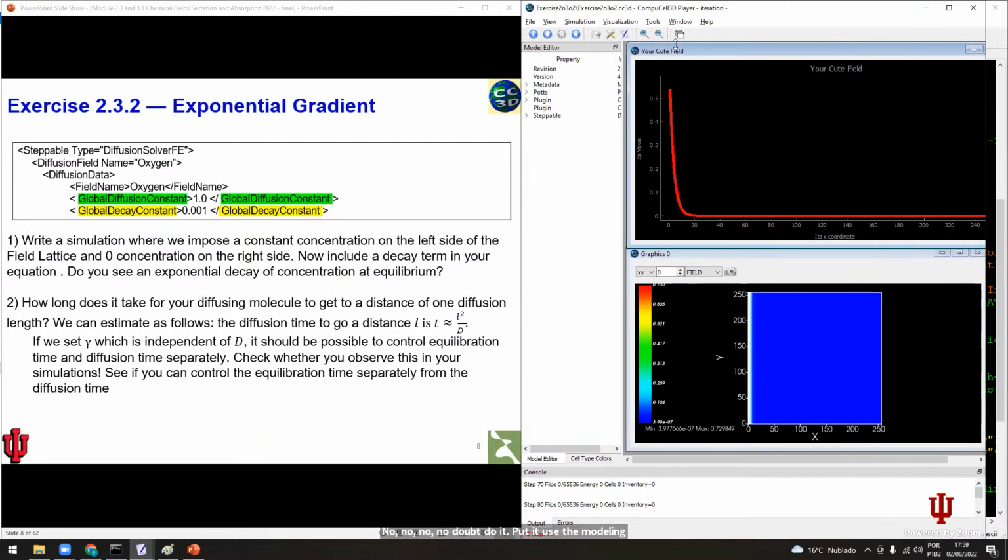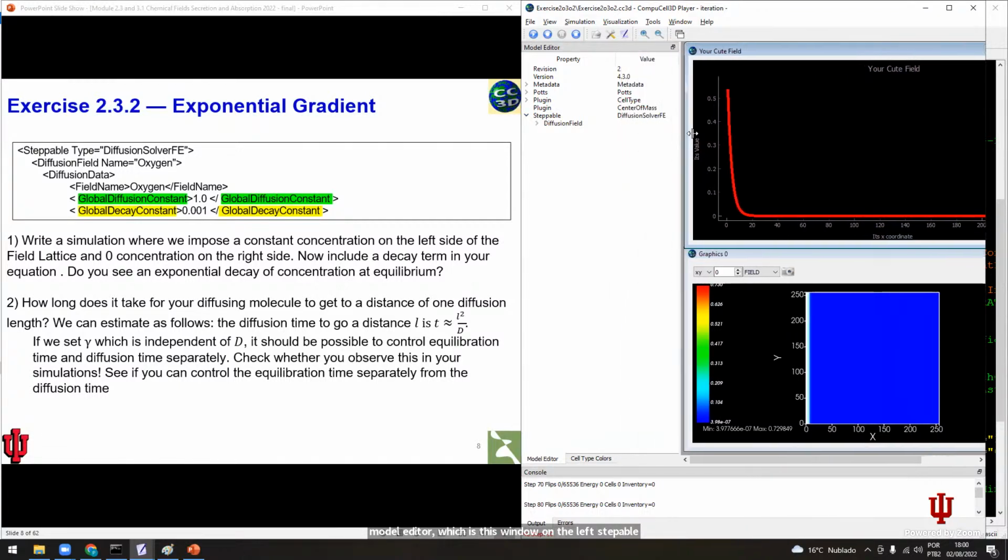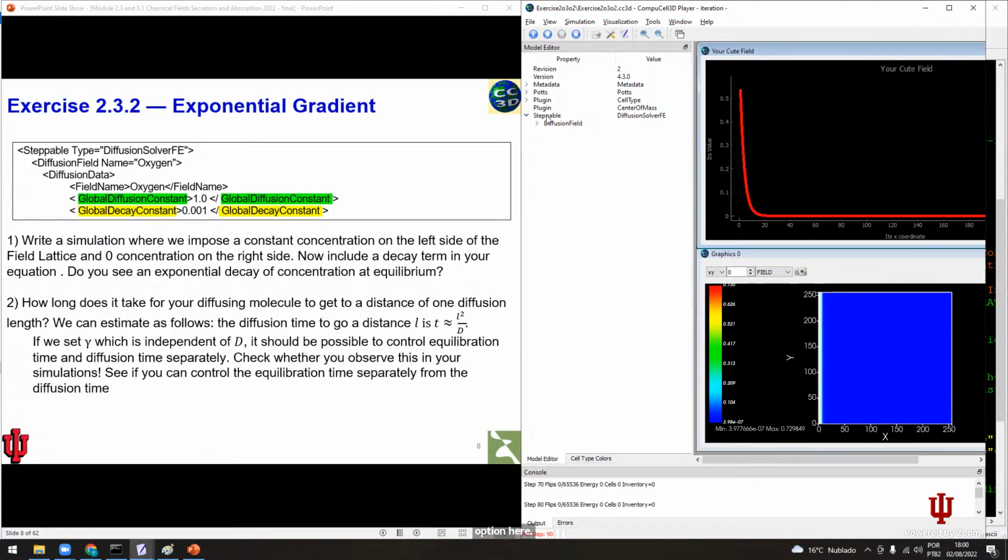So here in the CC3D user interface, you have the model editor, which is this window on the left, with the steppable option here. So I click it, I open the steppable menu.